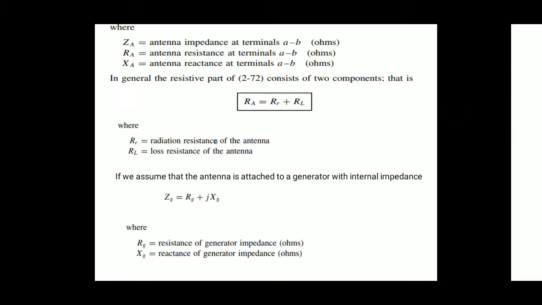So the total resistance of the antenna is RA equal to loss resistance plus radiation resistance. And the total generator impedance is Zg equal to Rg plus jXg.